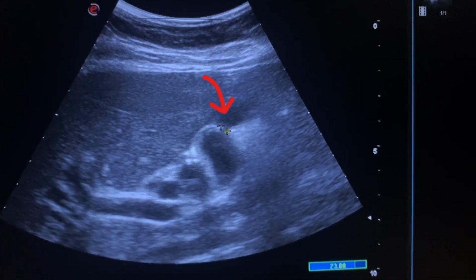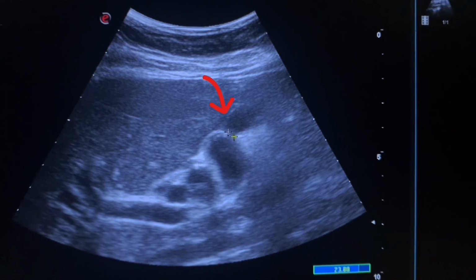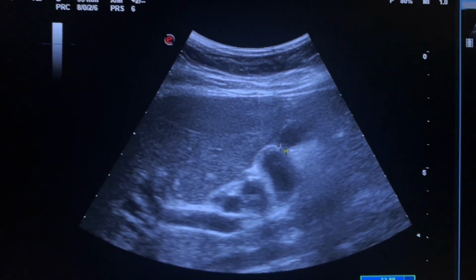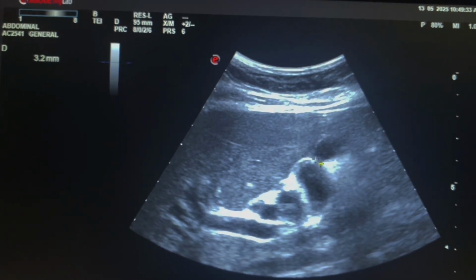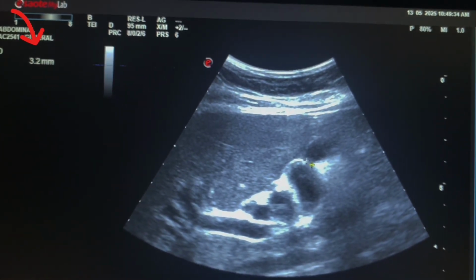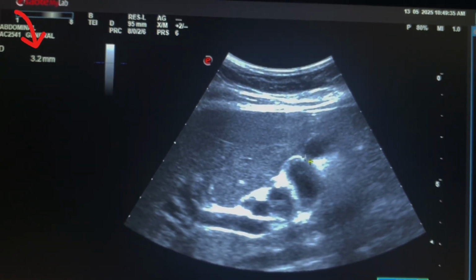Here we measure the size of this defect. The size of the defect is 3.2 millimeter.